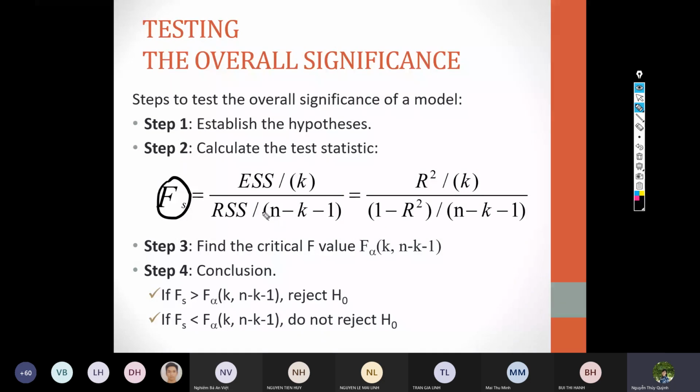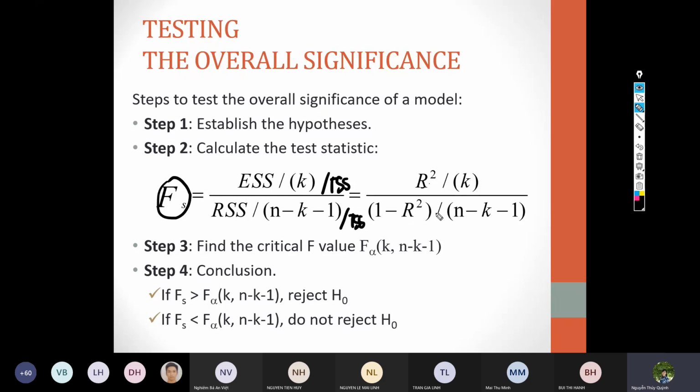If we divide both the numerator and denominator by TSS, then it is equal to R squared divided by k, and in the denominator 1 minus R squared divided by n minus k minus 1.